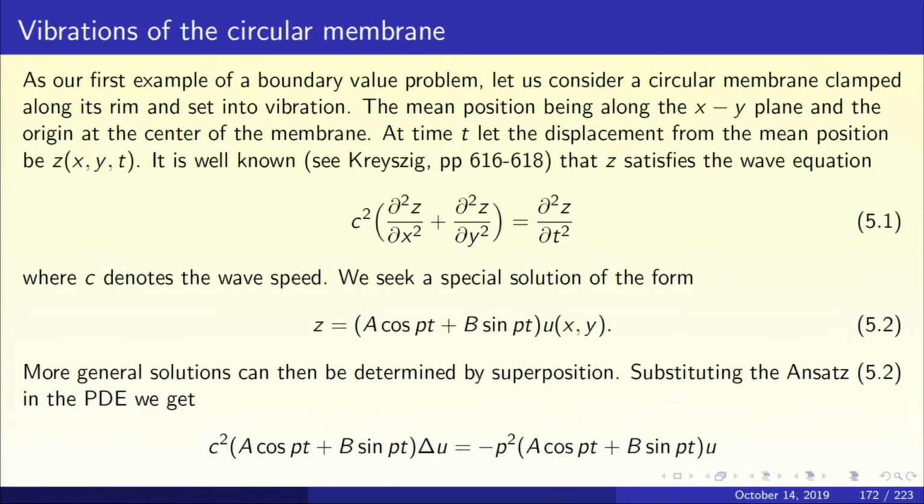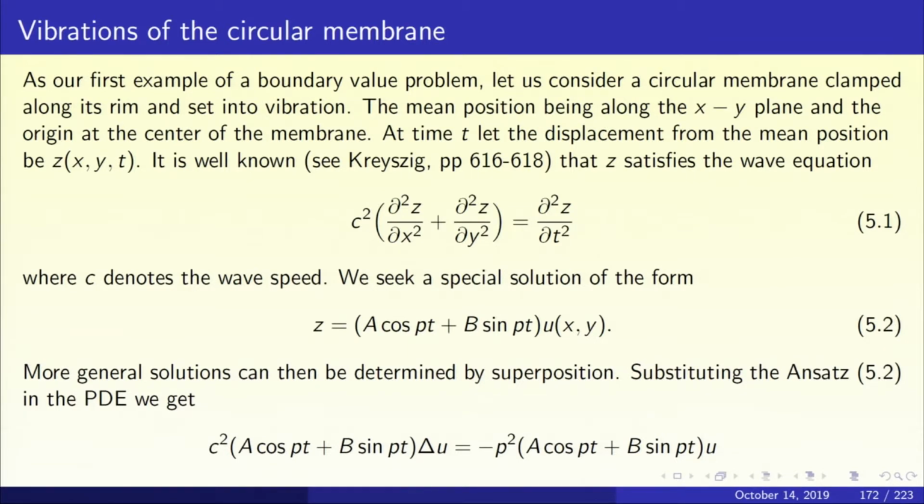Let us look at a special solution of the form z equal to (a cos pt plus b sin pt) into u of (x, y). Let us look for standing wave solutions, as they would call in physics. So we should substitute 5.2 into 5.1. What do you get? Substituting 5.2 into 5.1 will immediately give you the next displayed equation, c squared (a cos pt plus b sin pt) Laplacian of u equal to minus p squared into (a cos pt plus b sin pt) into u.